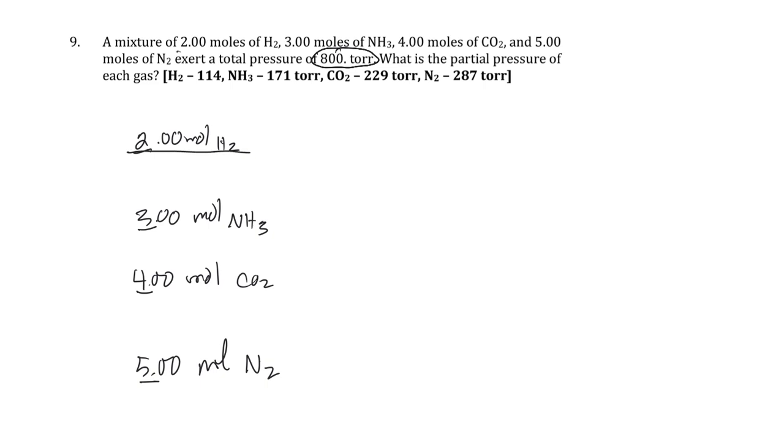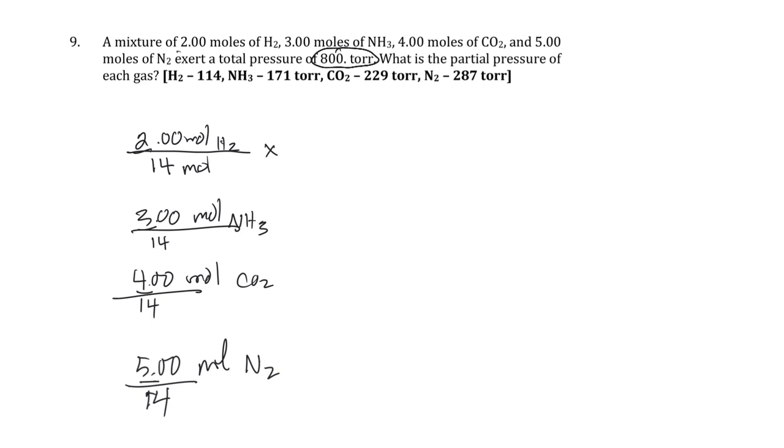So the hydrogen contributes 2 out of the 14 total moles, and ammonia contributes 3 out of the 14. Same thing with carbon dioxide and with nitrogen, out of 14. So hydrogen contributes 2/14 of the total pressure.